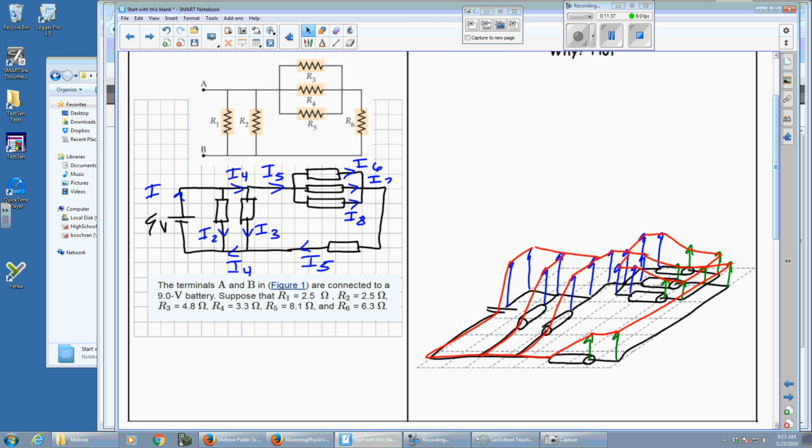Now I need to label all those. So this would be 9 volts. This in here would be, what's my R1? 2.5. I2. This one in here would be 4.8. I3.